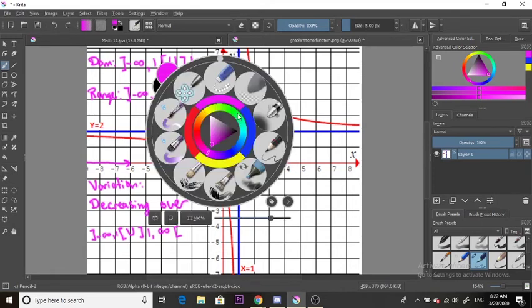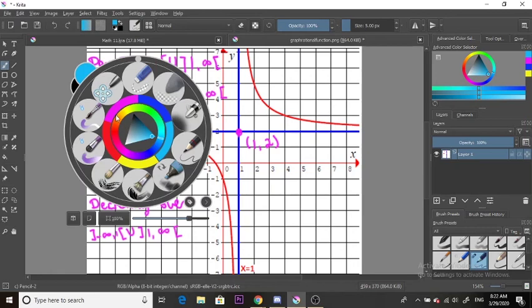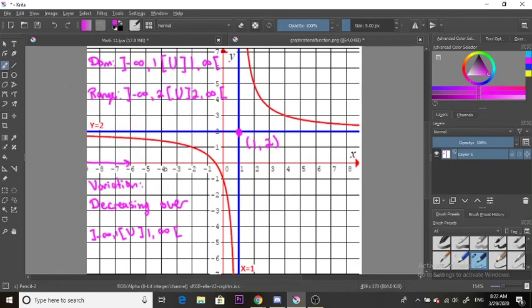Now, let's take a look at our sign here. We have positive and we have negative. We can see that as we move along this line here, up until it crosses right here, this is all positive.